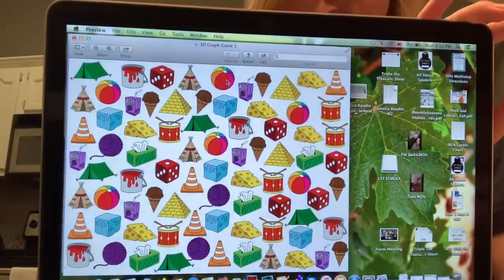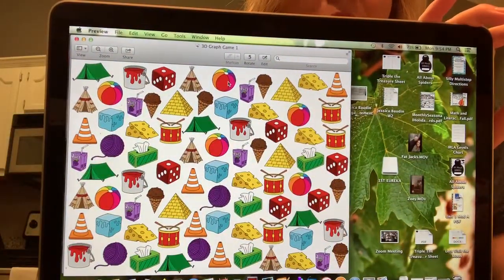Okay, and then as a last review, Miss Bowden is going to give you, remember that 2D shape game I gave you where it was a board game with all these 2D objects? Well, here is your board with all kinds of 3D objects. And so what I'm going to get you to do is graph them.